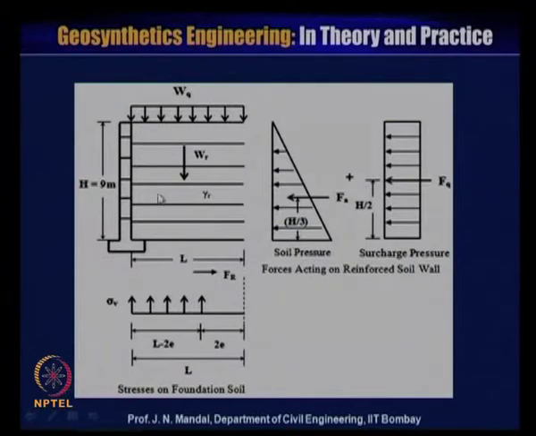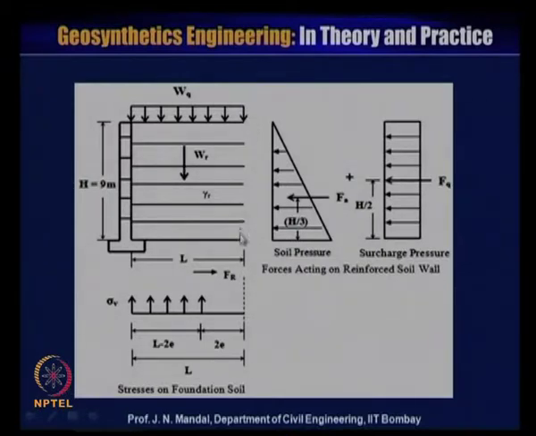Now, this reinforcement may fail due to sliding. That is why you need the resisting force, designated by F of R. So, when you design this kind of wall, you have to check what pressures act on this reinforced soil wall.